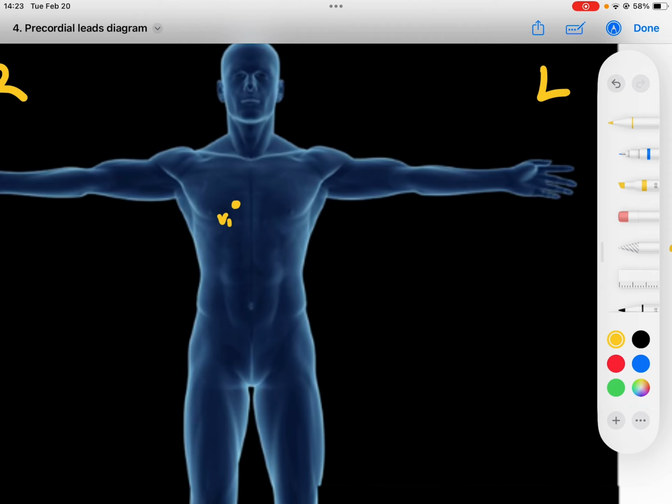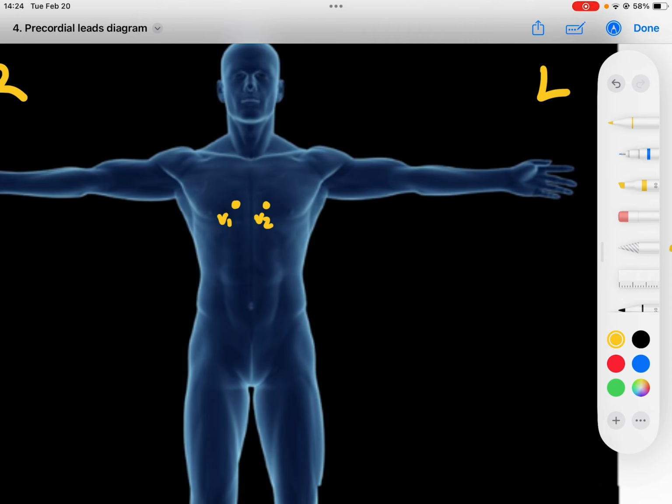4th intercostal space, right side of the sternal border. Now the next lead is going to be created with the next electrode placed. This is going to be V2, and that is also on the 4th intercostal space, but this time on the left side of the sternal border. And then the next one that you usually would place is, interestingly enough, V4.